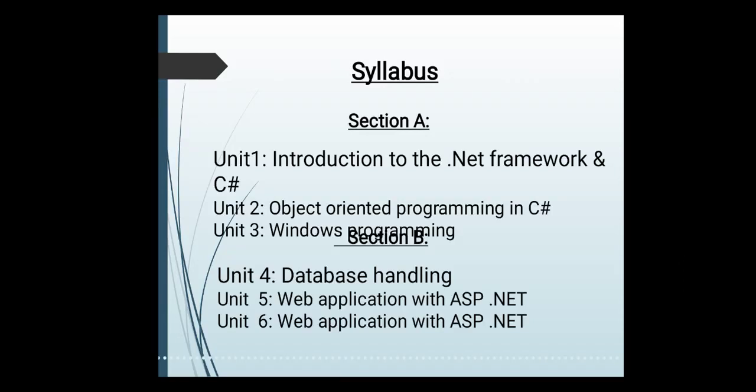Now we discuss the syllabus. As you know, there are two sections, section A and section B. In section A you have 3 chapters, whereas in section B again you have 3 chapters.